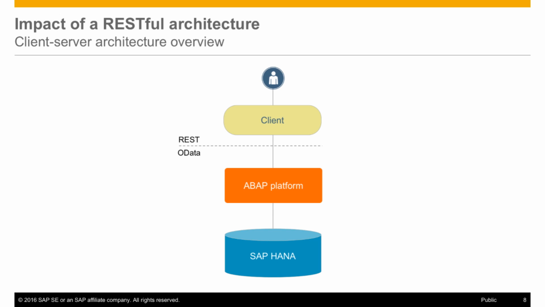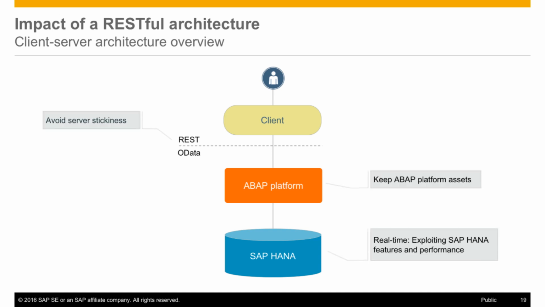Because if we would use thousands of mobile devices, because now more users are using an S4 HANA system, and many of them are using mobile devices, we cannot have an ABAP session where we have resource consumption all the time. So we just want to have that between the round trips. And therefore, we are using REST as the protocol which we want to use. And OData is a semantical protocol using REST.